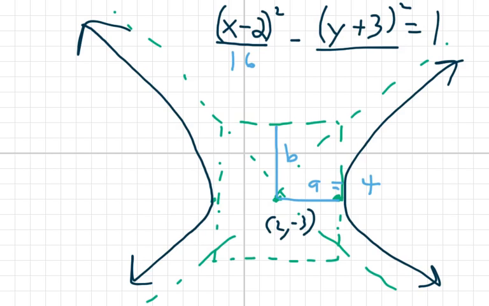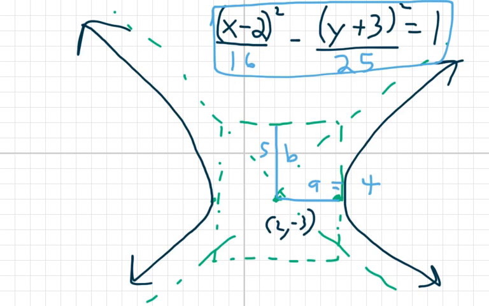That way is going to be how long b is, so that's going to be 1, 2, 3, 4, 5. And since b is equal to 5, y plus 3 is going to have 25 underneath because 5 squared is equal to 25. And there's my answer.